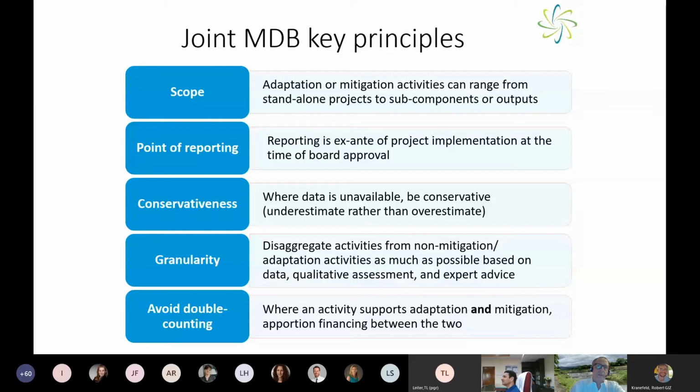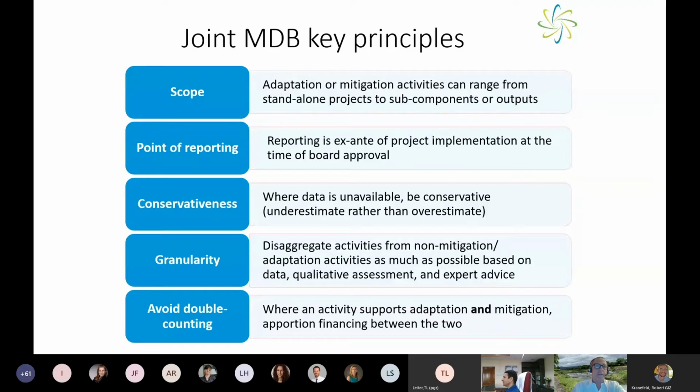So when we do this, building from the previous presentation, we have an idea of what is going into the project. We account for those components, and it's an ex-ante assessment of taking those activities and monetizing them into how much climate finance is going forward.